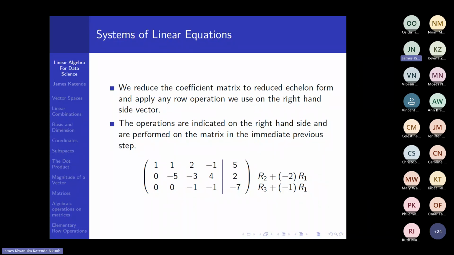The first 2 operations that we run are given here. And we end up with this as our first step in the matrix. Then, and remember, like this operation, the target is the coefficient matrix, but it also is run on the right-hand side vector.